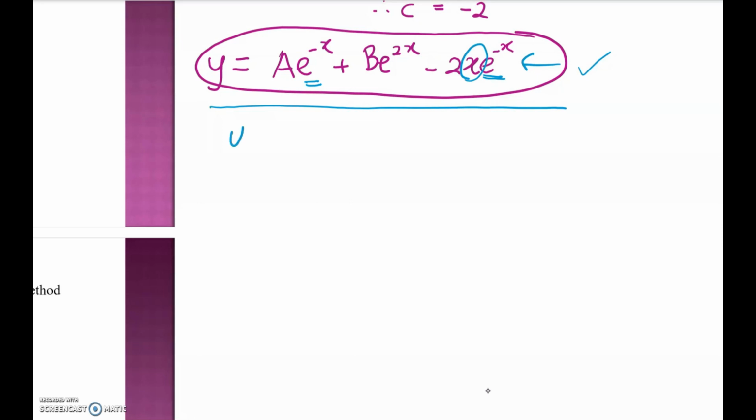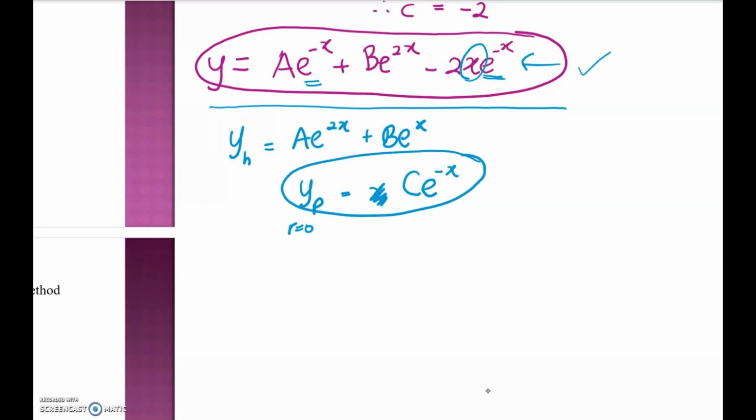Okay, so let's say your yh is a e2x plus b ex. Okay, and then your initial guess of yp, okay, let's say when r equals to 0, your yp is c e negative x.